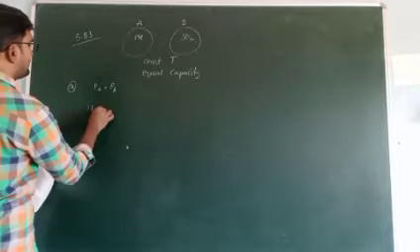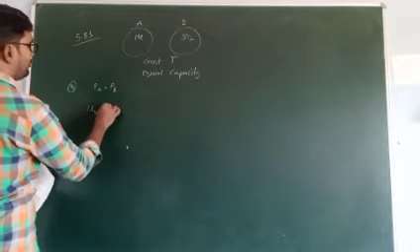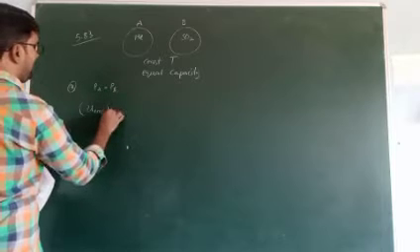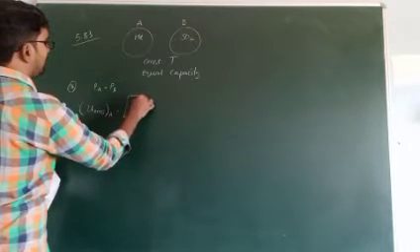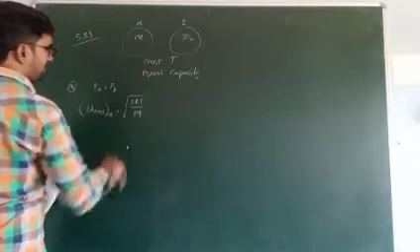Calculate URMS for the first one, for A. The formula is root of 3RT by M. We know that.